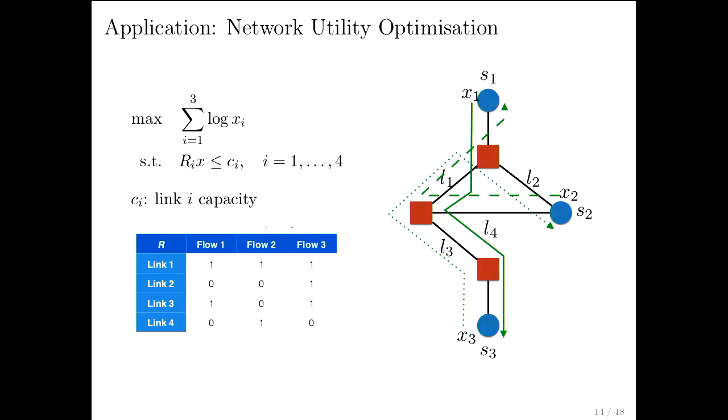A common problem in comms networks is the network utility maximization problem. A simple setup is like this. I have a bunch of sources. You can think of them as servers for a content. And in this problem, you assume sources are sources and sinks as well.